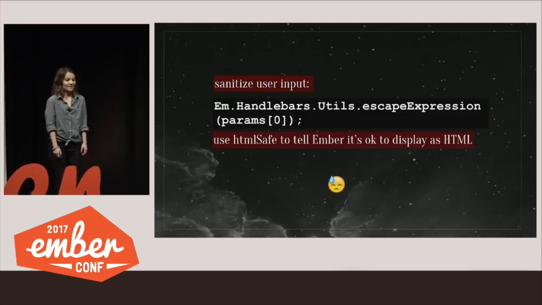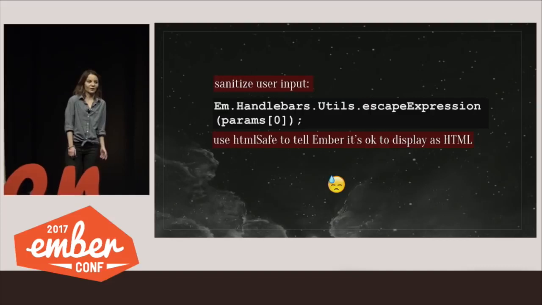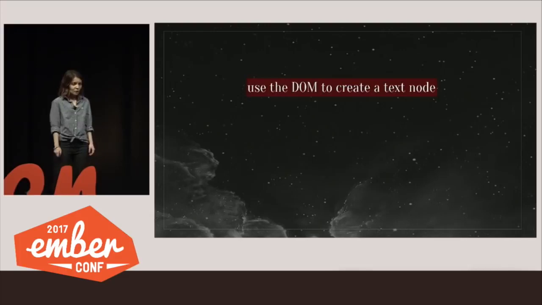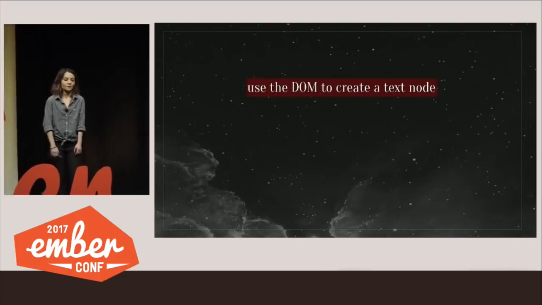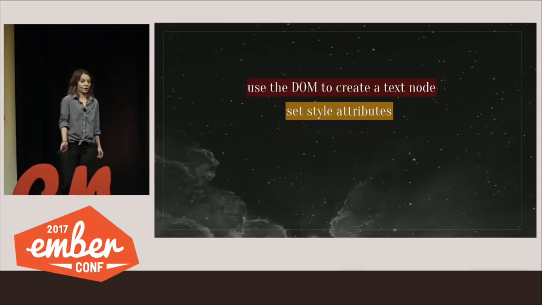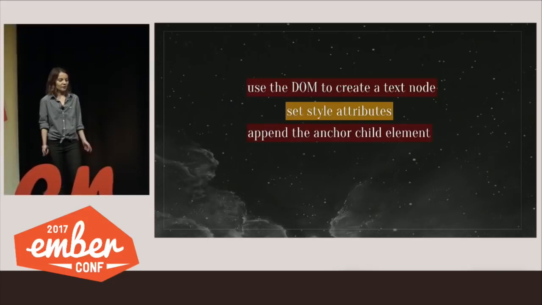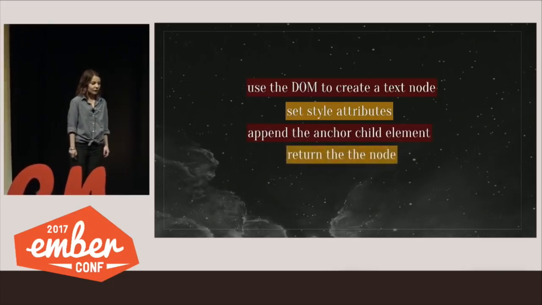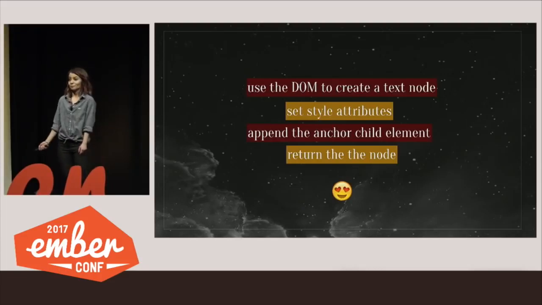That's kind of scary because it can introduce unexpected behavior, and it relies on you making assumptions about your content. A much better way is to use the DOM directly to create a text node, then set the style attributes if you have to, because you can, and it's very simple. Then, say you have an anchor in this case, append the text to the anchor child element, return the node, and that's it.